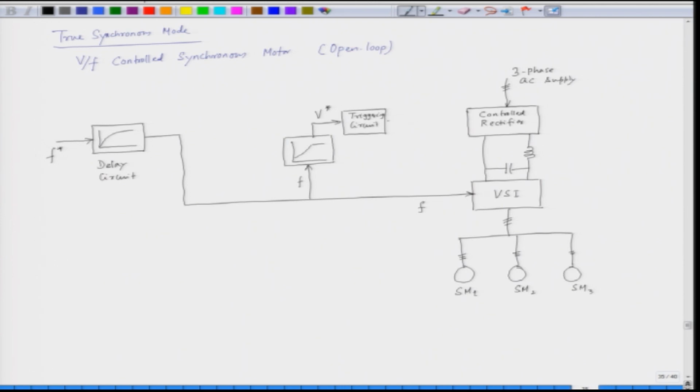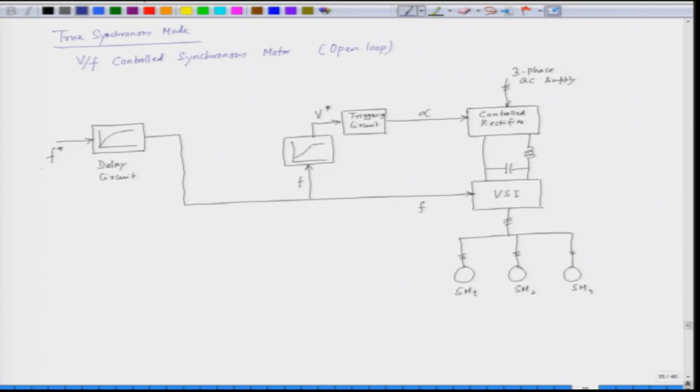And the triggering circuit gives the angle alpha for controlling the DC link voltage of the VSI. So, here the frequency of the inverter output is f, and as we go on changing the frequency, the voltage is also changed, so that the V by f is approximately maintained constant for higher frequency. At low speed, we have to add a resistance drop, just like an induction motor drive.